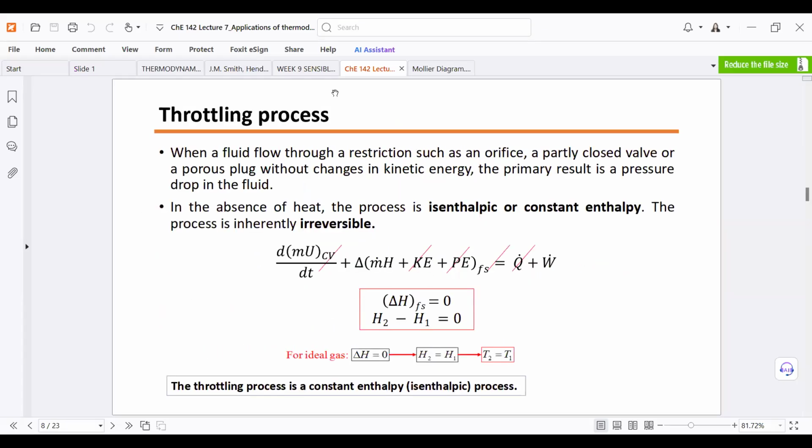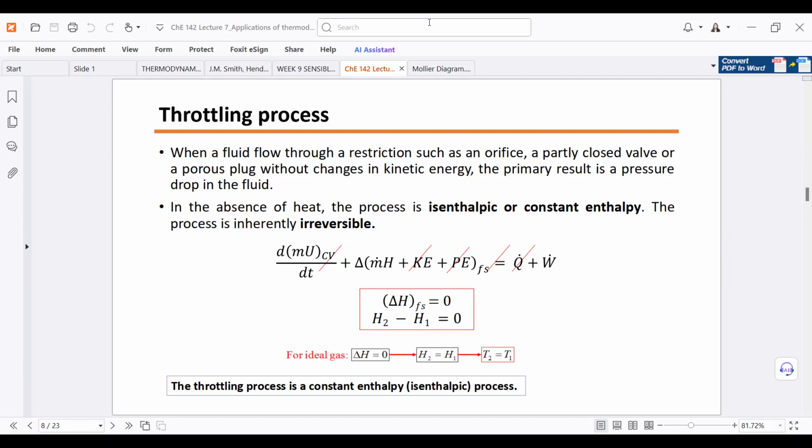For throttling, the energy balance simplifies to delta H equal to 0. So that means it's a constant enthalpy process. Now, for an ideal gas, enthalpy only depends on the temperature, and when delta H is 0, that means delta T has to be 0.